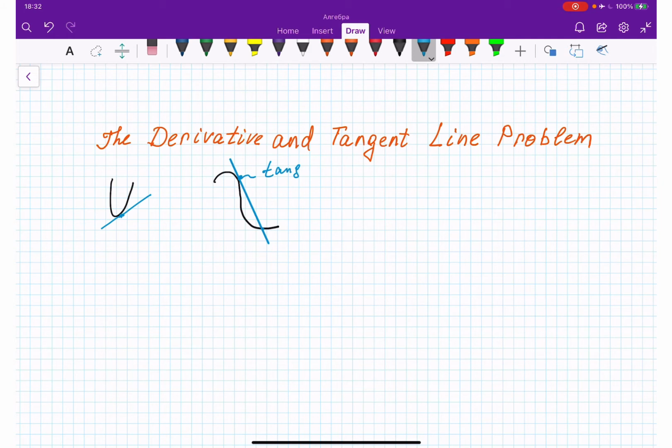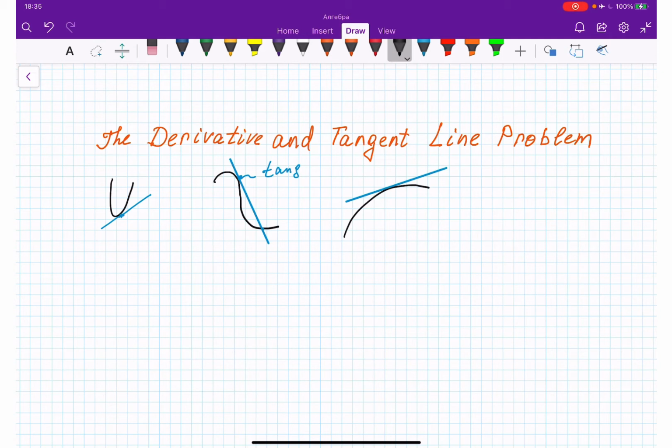Also, let me give you such an example. Let's say we have this type of curve and we have a tangent line that goes like this. And then, hold on.